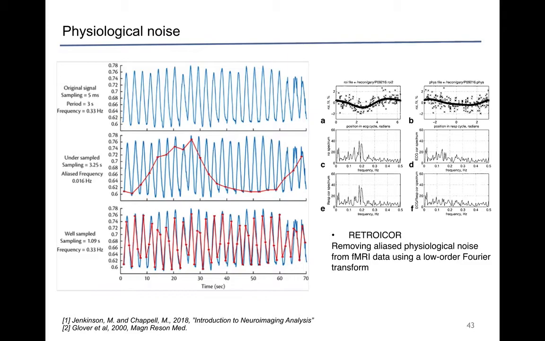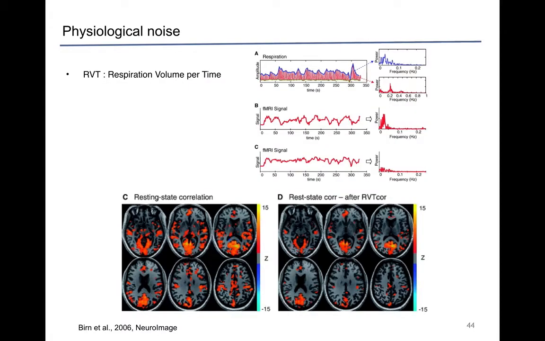So that's the first effect of respiration and cardiac activity on the fMRI data. The second effect is inherently low frequency, meaning that if there is a change in the respiration pattern, like if the depth of the respiration is changing, that will modulate the CO2 in the blood, which is known to be a vasodilator.